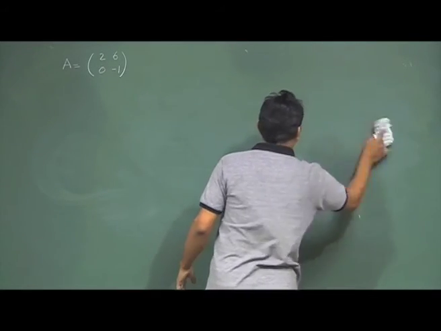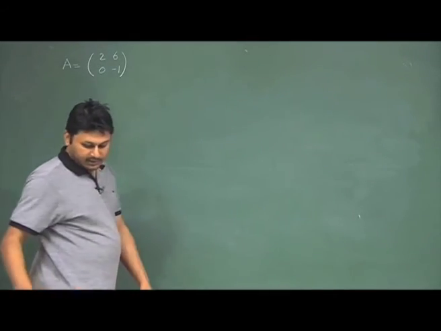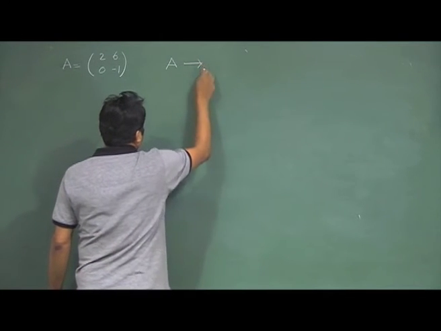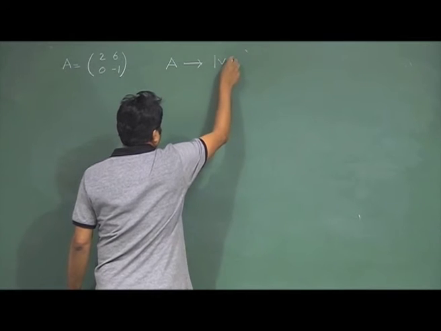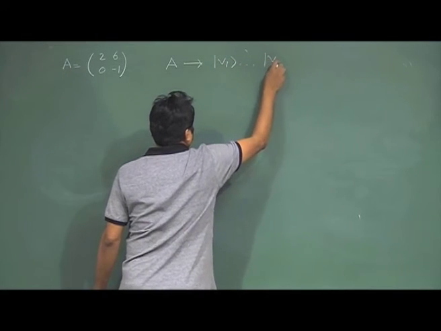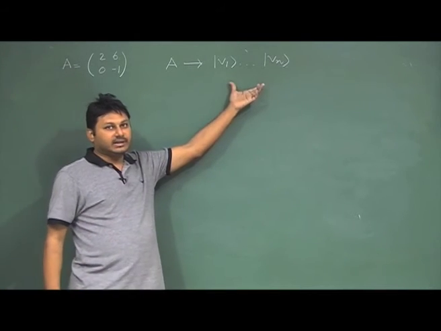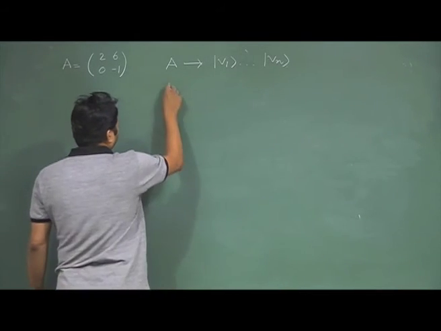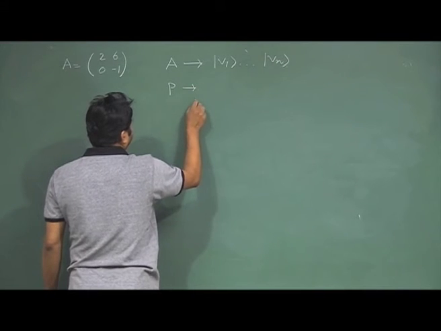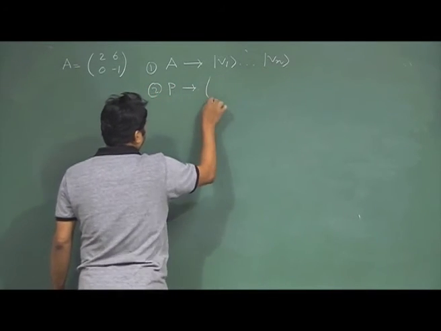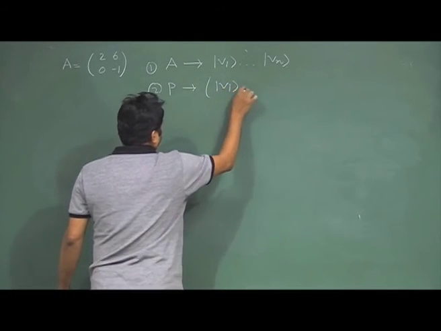what I actually do here. If a matrix is given to you, first you calculate the corresponding eigenvectors, and then from these eigenvectors you form a matrix P. This is step 1, this is step 2.